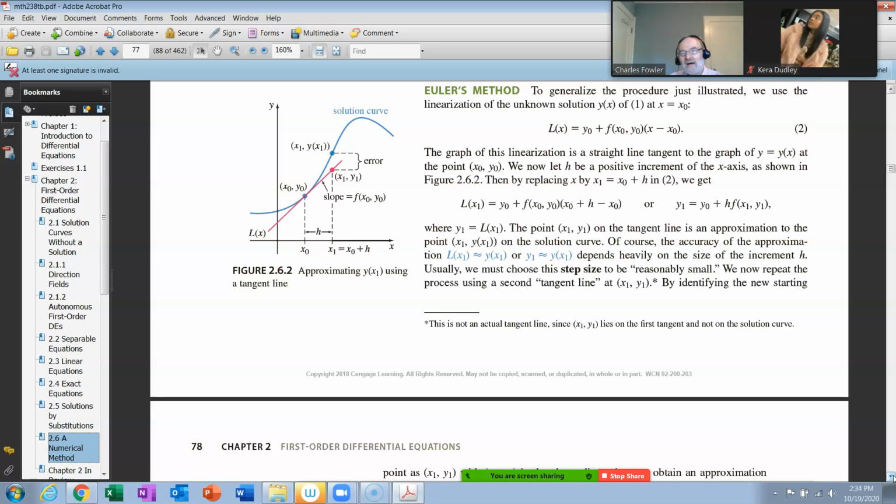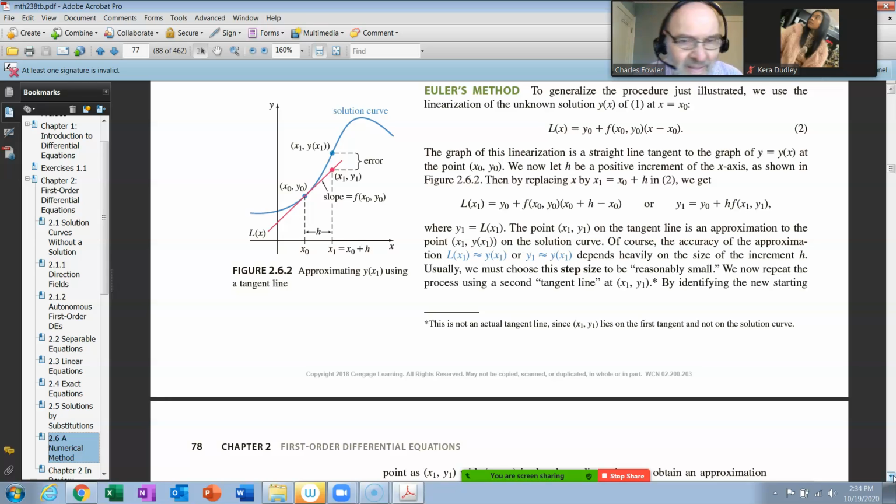Euler's method is not a precise method. There are better methods than this, but this is one of the earlier methods, and it's amazingly pretty good under certain circumstances.